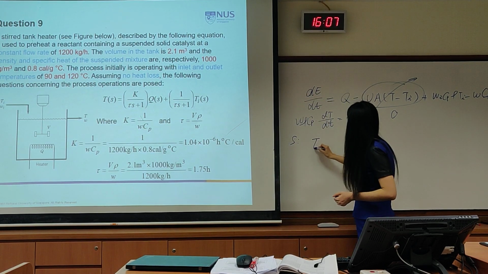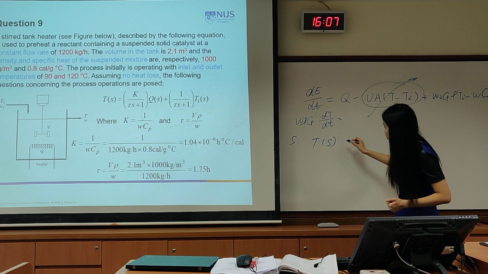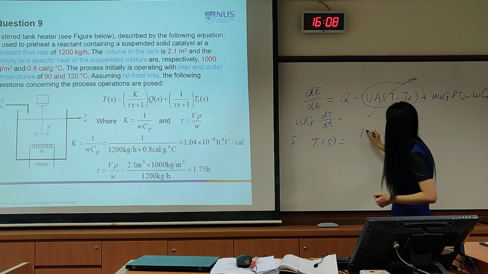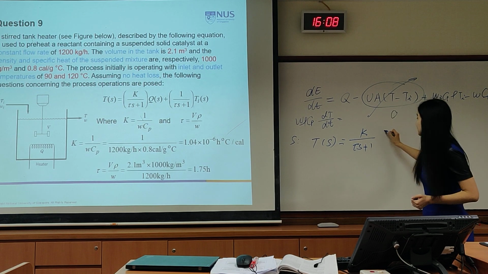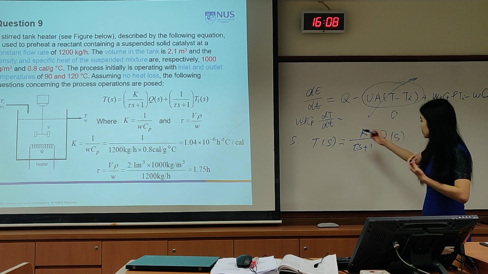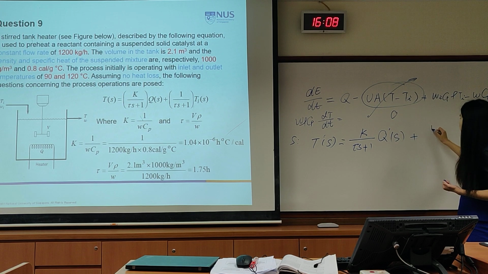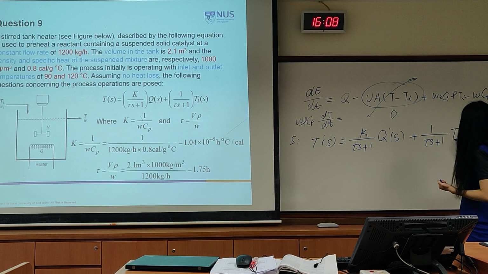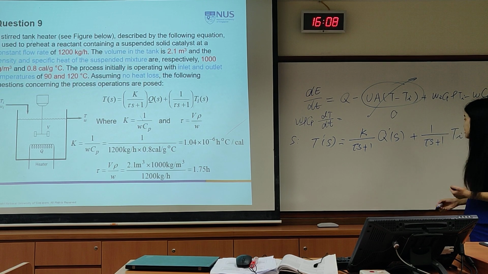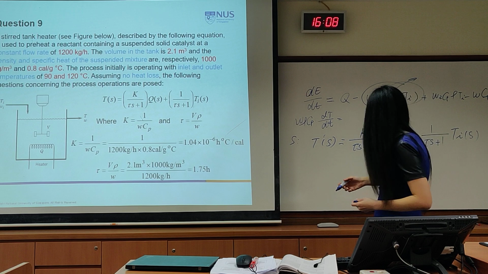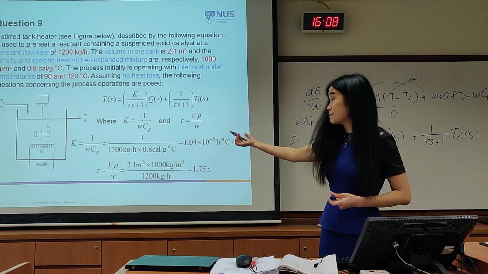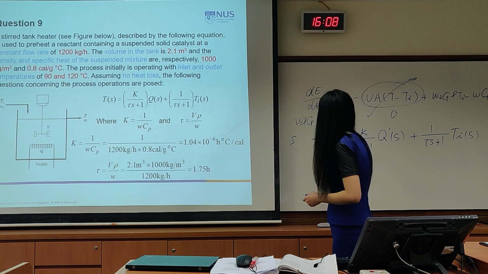Now here we just know we have this temperature equals K over tau S plus 1. So here we use the deviation form already, but we just write the overall transfer function. Because this is from the energy balance, you know the K and tau already.